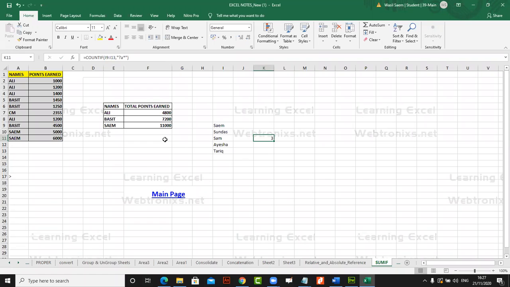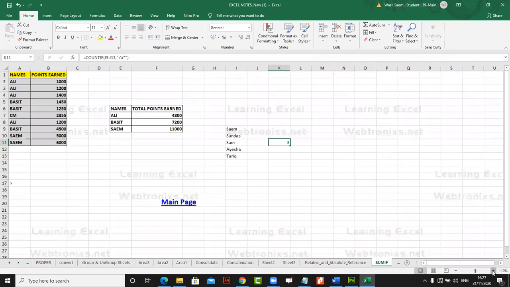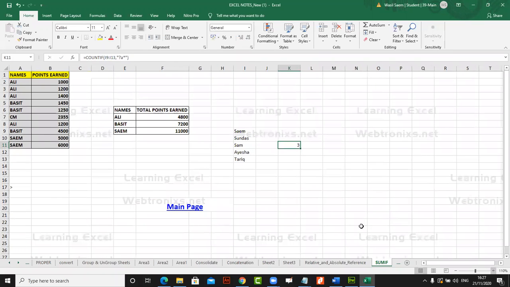I get 3. There are 3 names that have the second character as A. Please make sure it's clear, because exactly the same concept comes in Access as well.